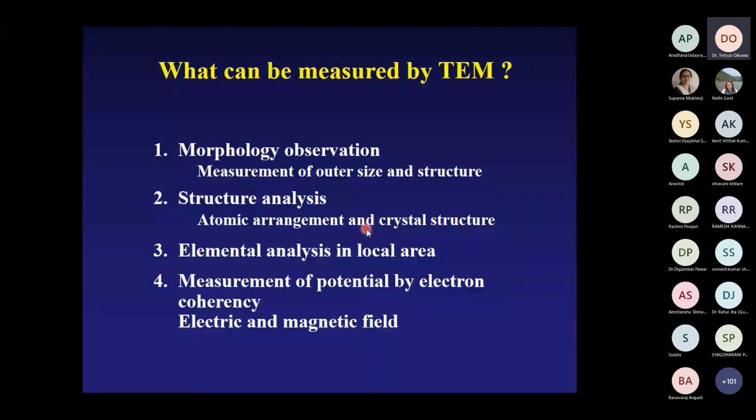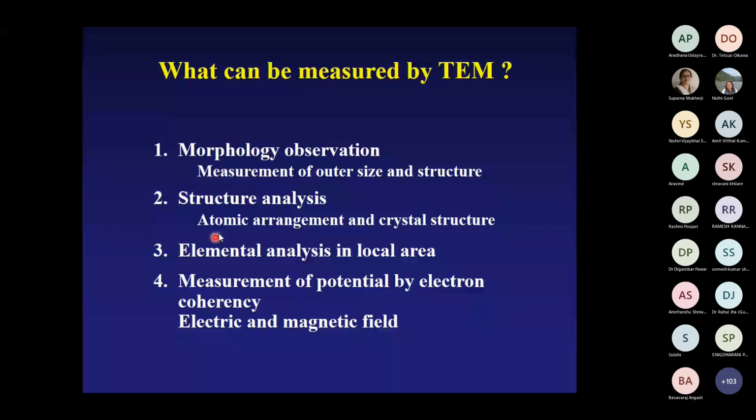Elemental analysis is also possible in a local area of the specimen. As the resolution is almost angstrom order, less than the nanometer order, in this small area we can measure the elemental concentration of the specimen.